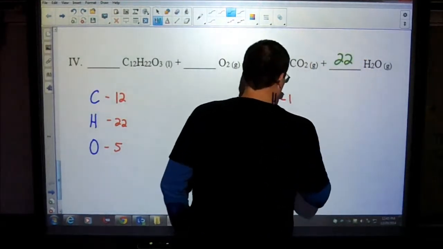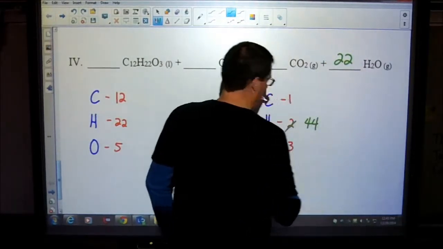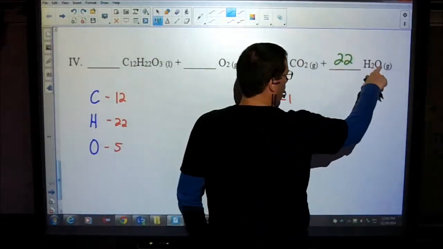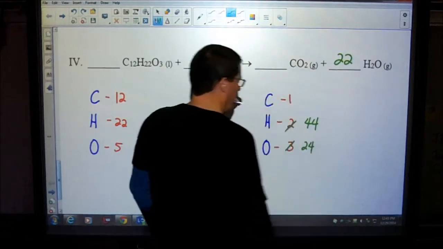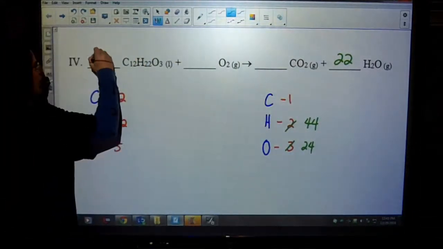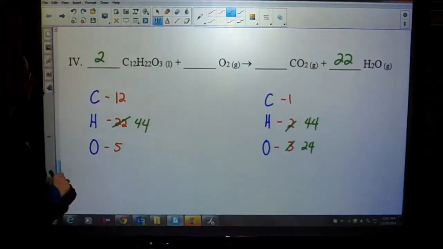Okay. So now that gives us 44 hydrogen. And let's get our oxygen count. So we have 22 times 1 plus 2, which is 24. Okay. So let's come over here, balance our hydrogen. So we have 22. That means we need to have a 2 there. That gives us 44 of those.